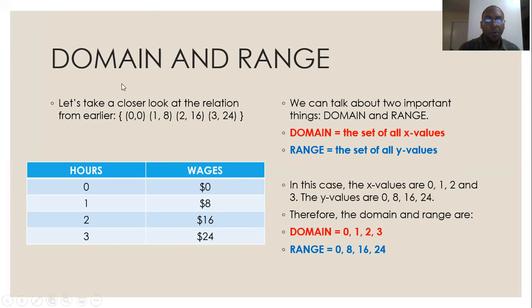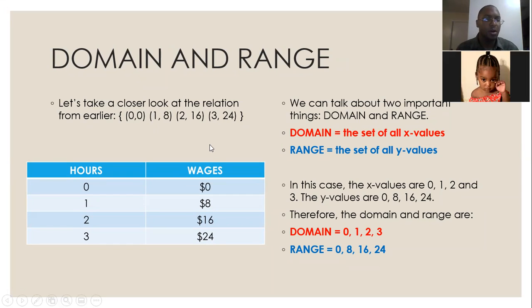So if I look at this relation right here, I've got 0, 1, 2, and 3. These are x values. So 0, 1, 2, 3 are my x values, right?